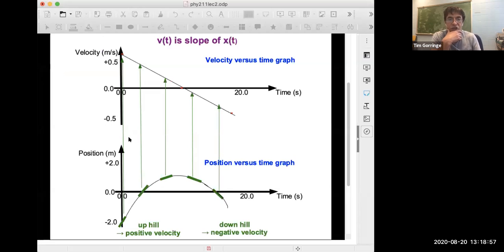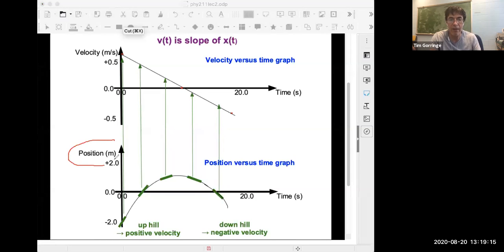Okay, an interesting thing is that the earlier position versus time graph and this new velocity versus time graph, I've shown them both here. Downstairs here, this is position versus time.